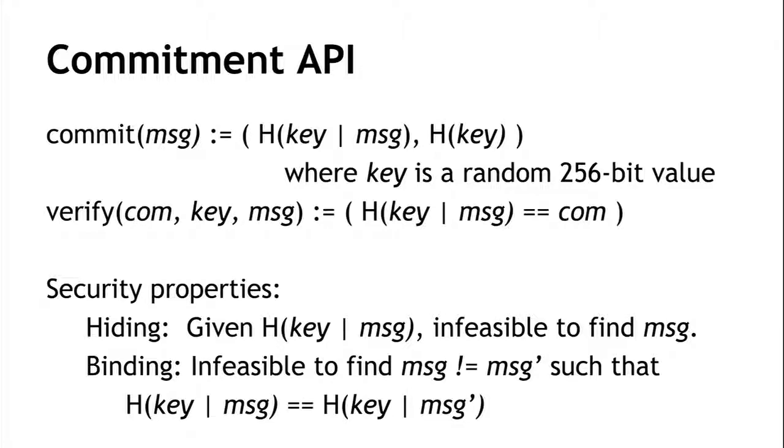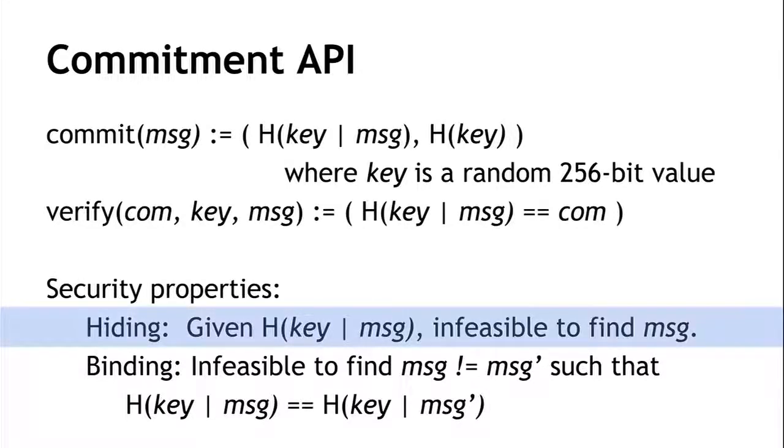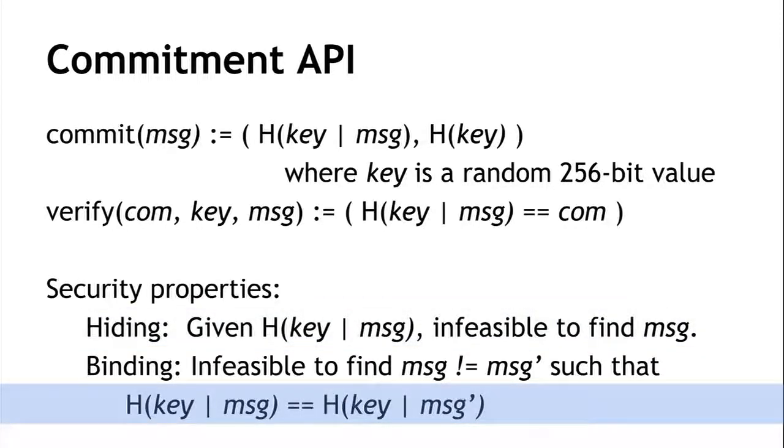So now the security properties, if we go down to the security properties that were at the bottom of the previous slide, and we just plug in the definitions of how we're going to implement this here. This used to say given COM, infeasible to find message, and we just plug in what COM is. COM is the hash of key concatenated with message. And similarly down here, this is what happens when we take what was written there before and plug in the definition of verify and COM.